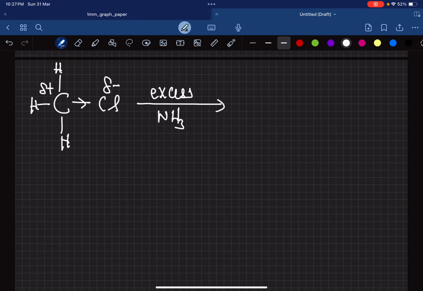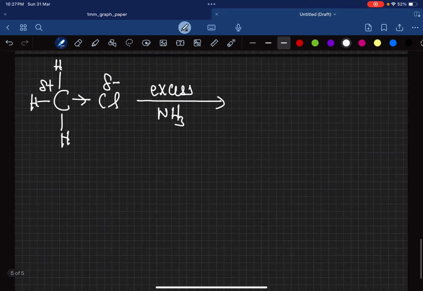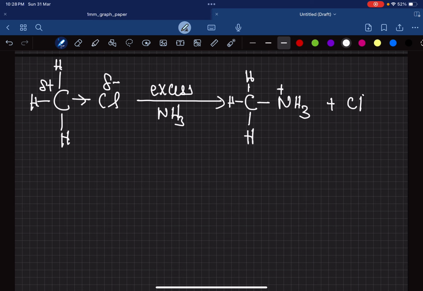When you react it with excess ammonia, you end up getting this reaction. This becomes slightly positive, and then you get a chlorine here.